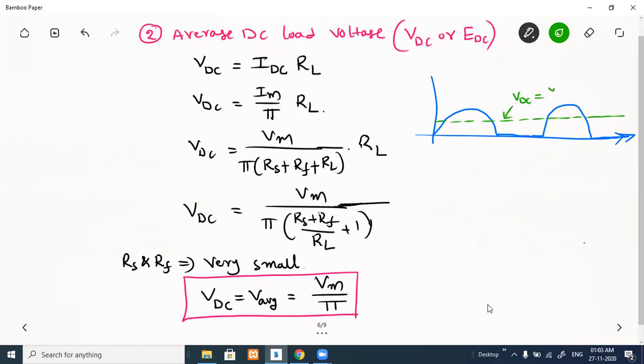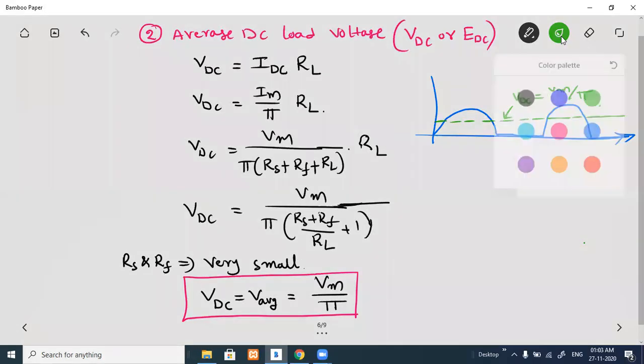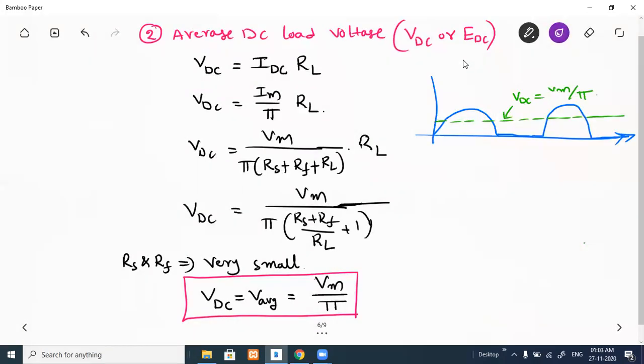That VDC equal to Vm by pi. So if we neglect RS and RF, then only our VDC equal to Vm by pi.